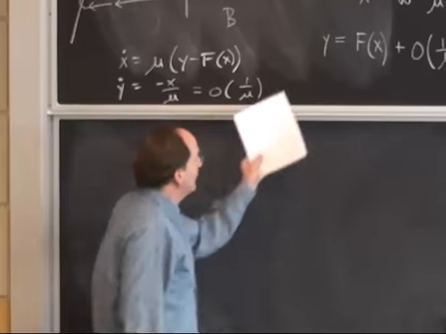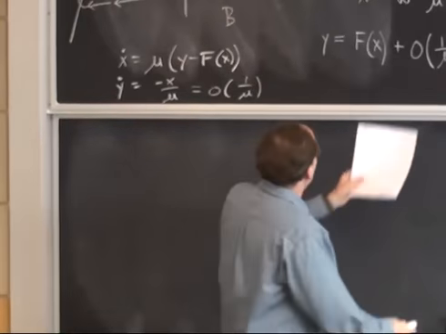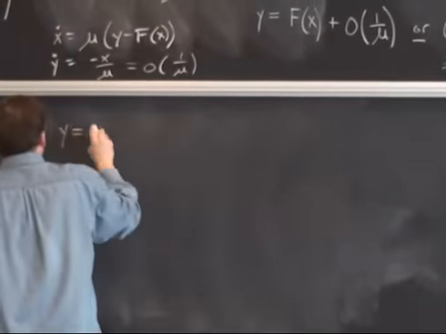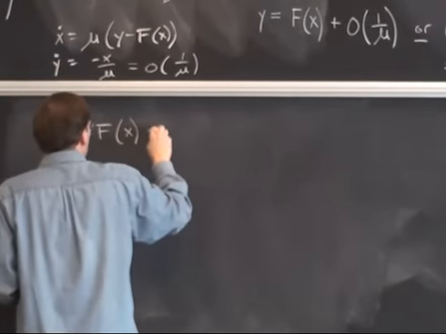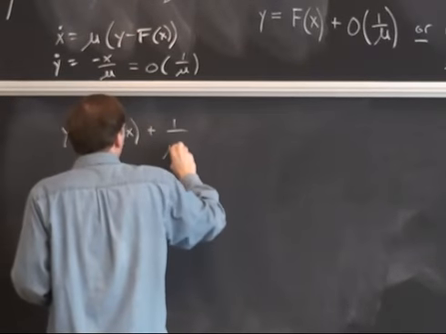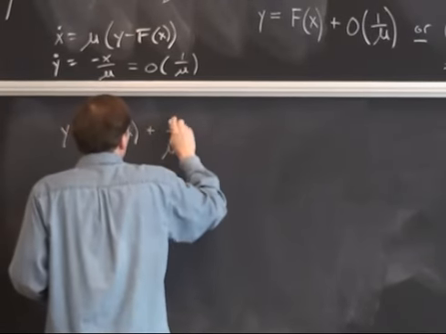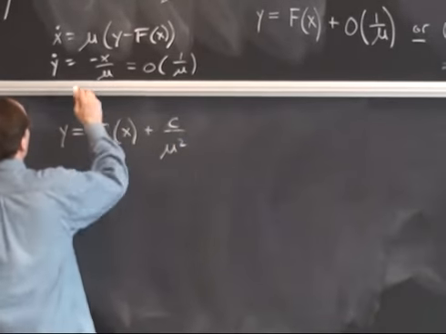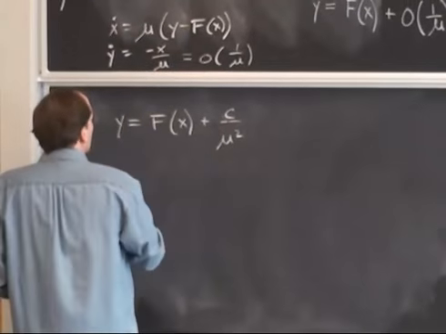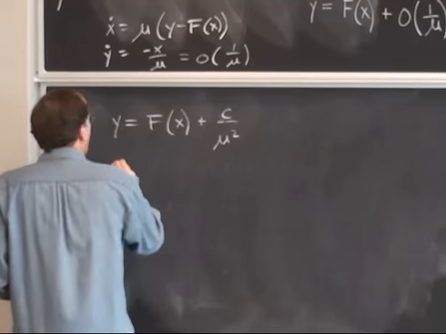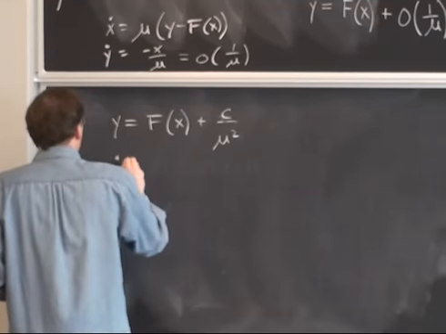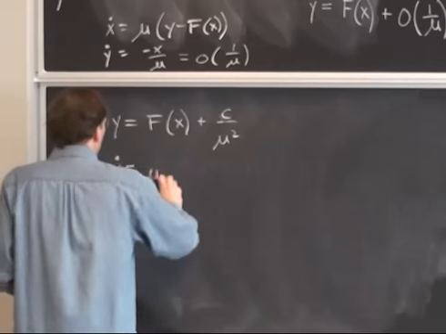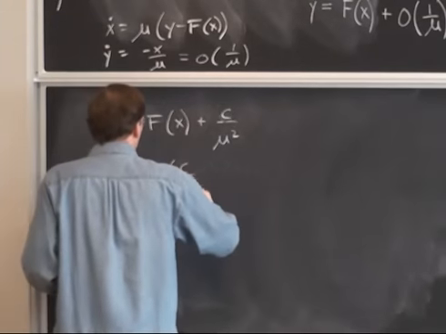And so when we're moving on, or essentially on, the nullcline, if we had y equals f of x plus order 1 over mu squared, let's say some constant in here, then when we look at the x dot equation, x dot would be mu times something of order 1 over mu squared.